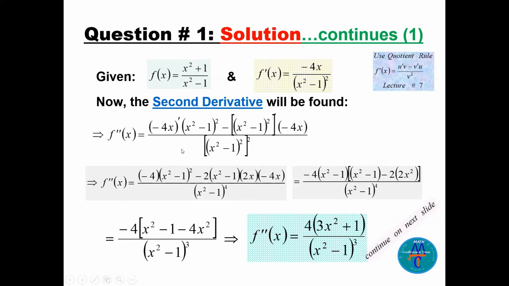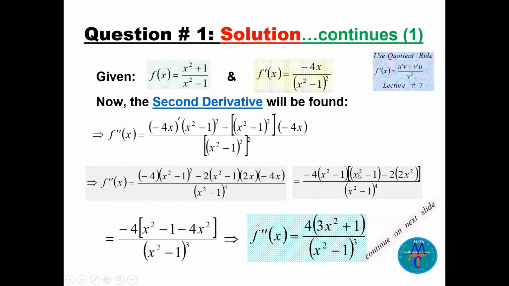Now inside the bracket, you will have x squared minus 1 minus 2 times 2x. You can take the 4 as a common factor, or you can multiply the 2 and 2. Anyway, inside you will have minus 4x squared. So with minus 4 out, we can cancel one of these factors, x squared minus 1.